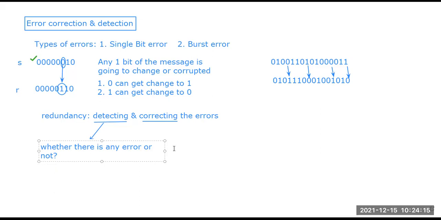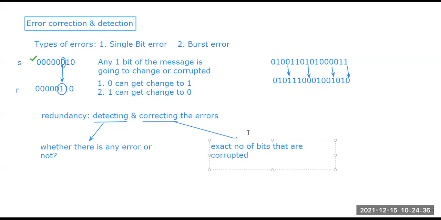Because if we don't identify these two conditions, we cannot correct it. So in correction, we need to know the exact number of bits that are corrupted, and second, the location of the corrupted bits. If we don't identify these two things, then we cannot correct, because if during correction we change a correct bit into a wrong bit, then there is a problem.